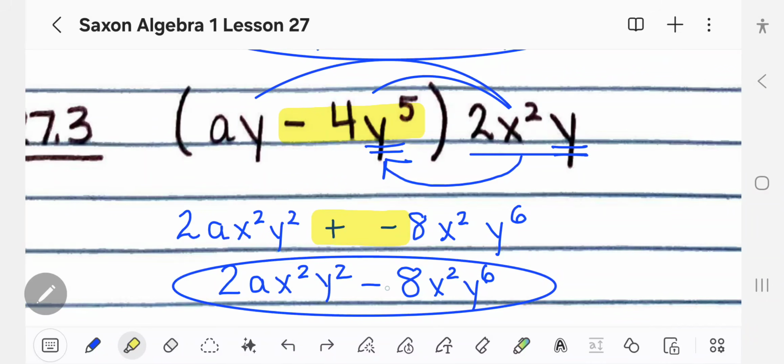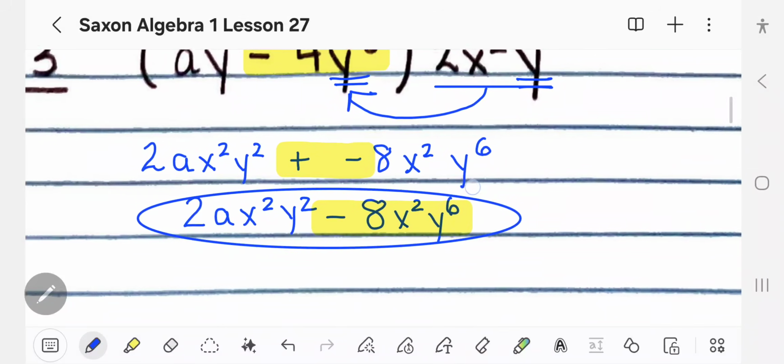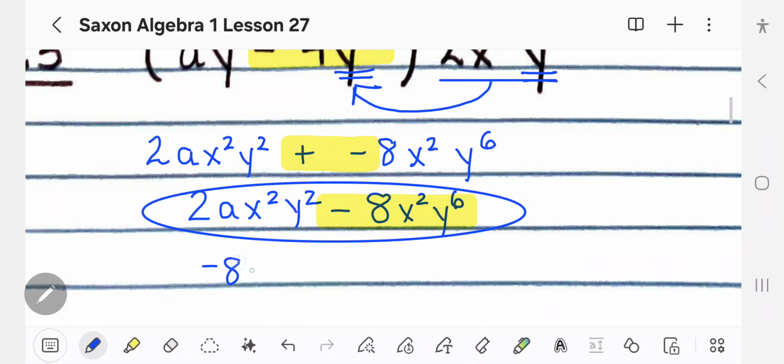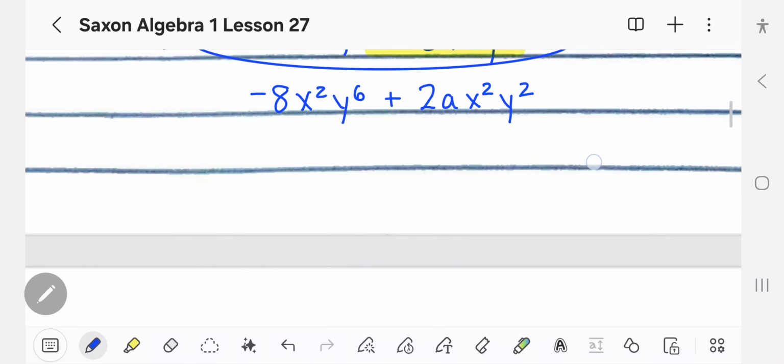That negative, or that minus, has to stay with this. So technically, you could write it like this. And that's exactly the same thing. So this would be an alternate answer, okay? But this is the way you're going to see it in your book. They're going to keep it in the same order that it was given to you.